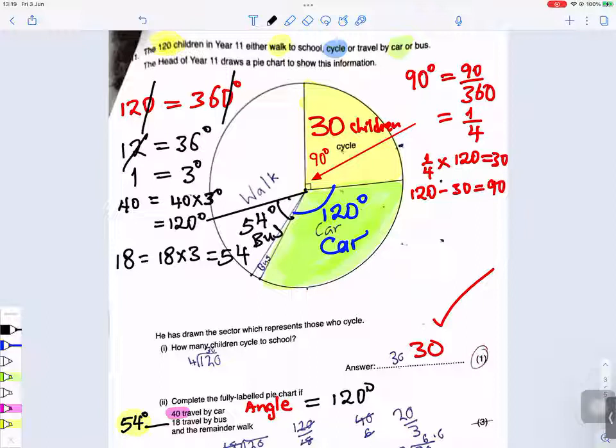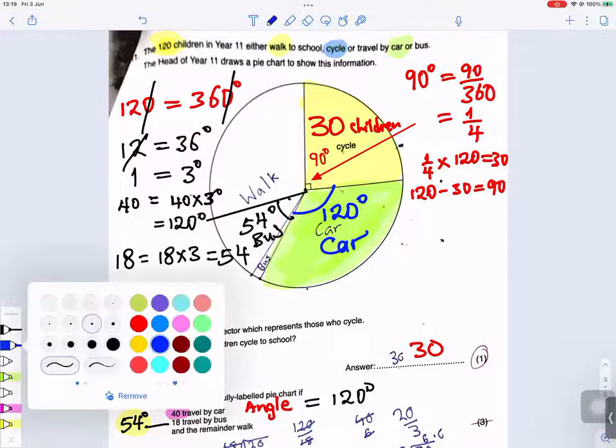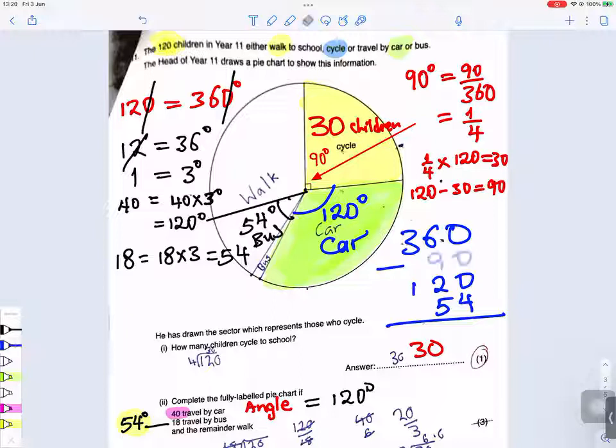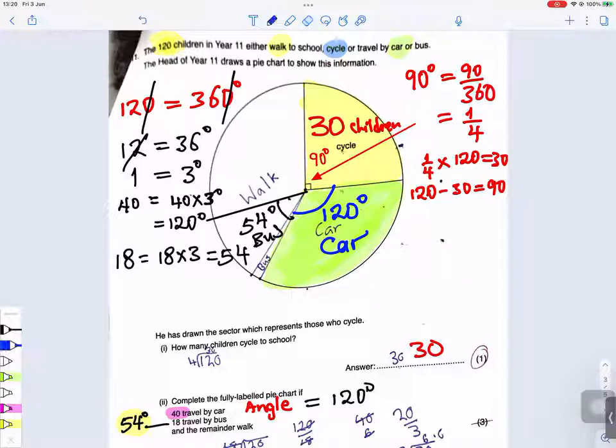Now they say the remainder walk. The way we get the remainder is to subtract. The total for a circle is 360 minus 90 minus 120 minus 54. Or you add them first and subtract. So first of all, add 90 plus 120 plus 54, then subtract from 360.